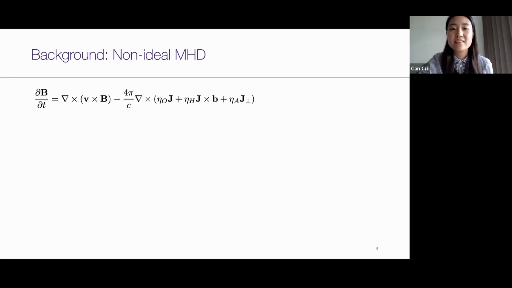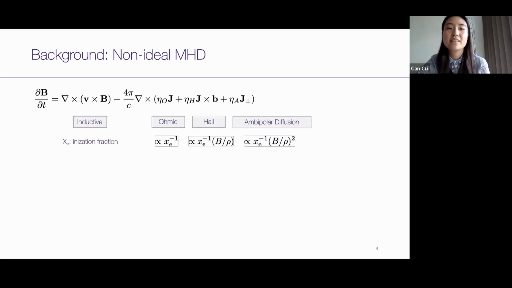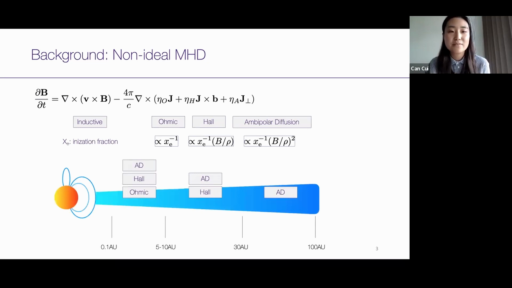The non-ideal MHD effects manifest in the induction equation. On the right-hand side, the first term is the inductive term, which is present in ideal MHD, and the second term corresponds to the non-ideal MHD terms: the Ohmic resistivity, the Hall effect, and ambipolar diffusion.